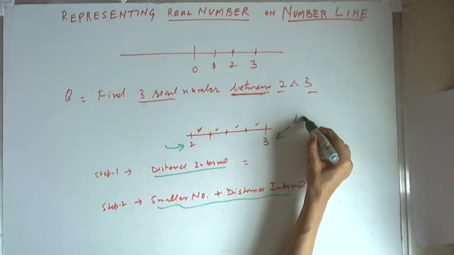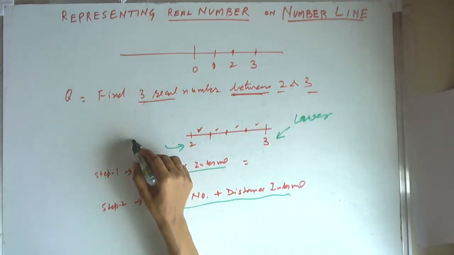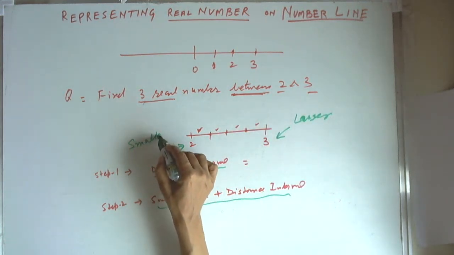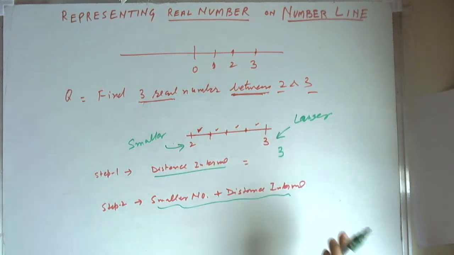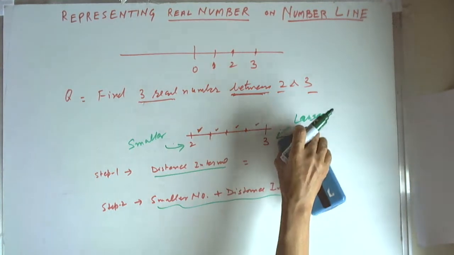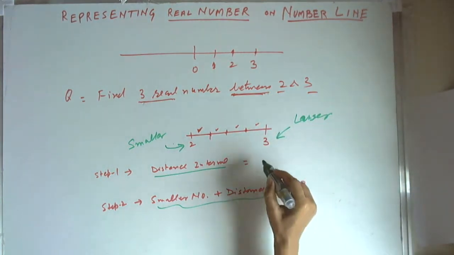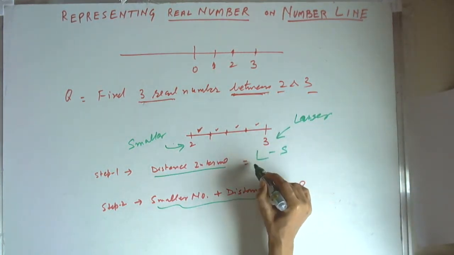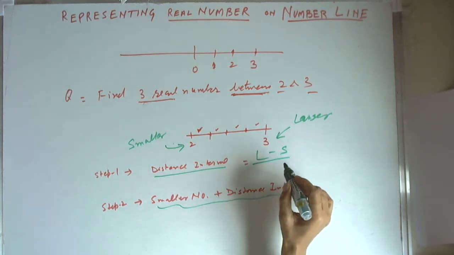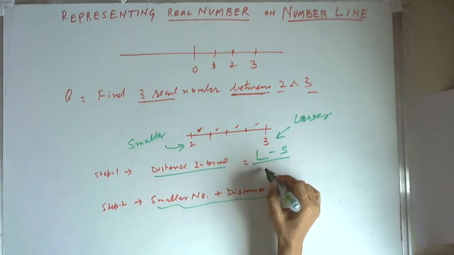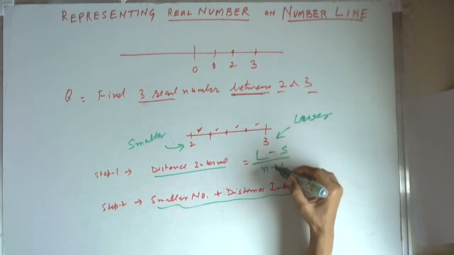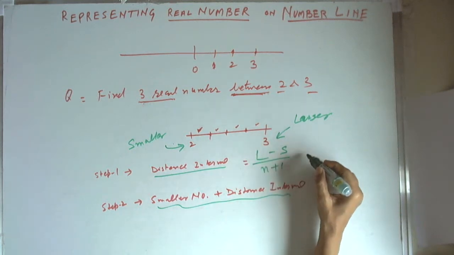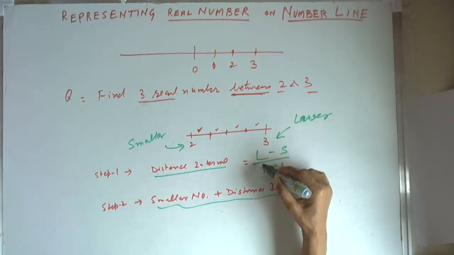So let me write it as a formula: larger minus smaller, divided by n plus 1, where n is the number of points, or the number of numbers, we have to find.